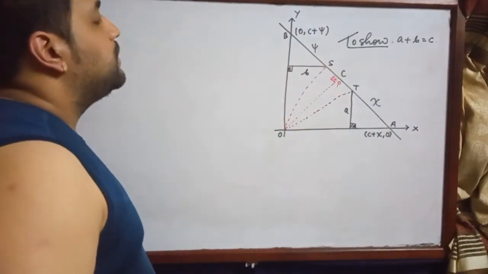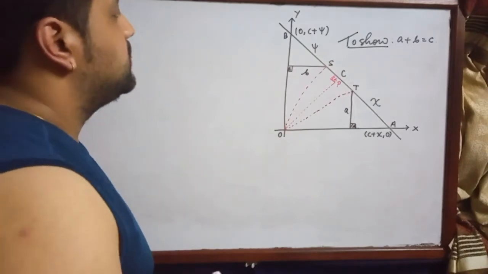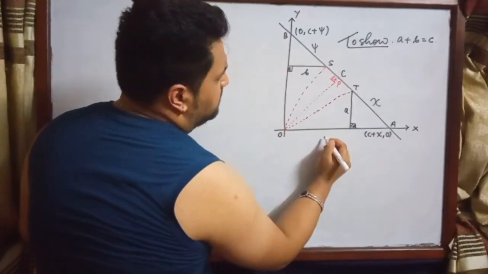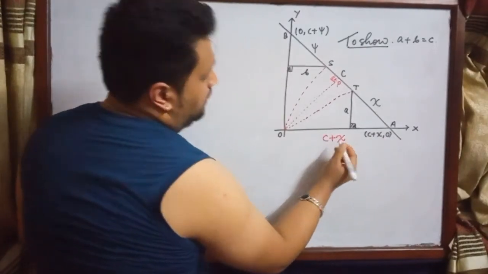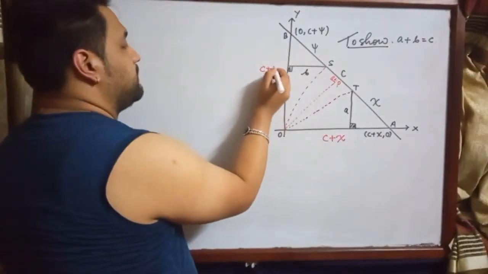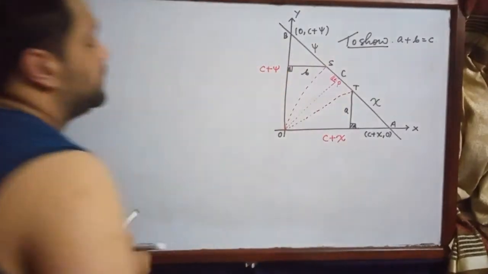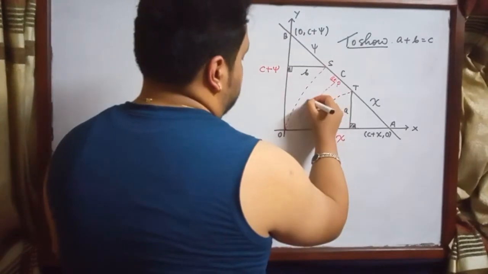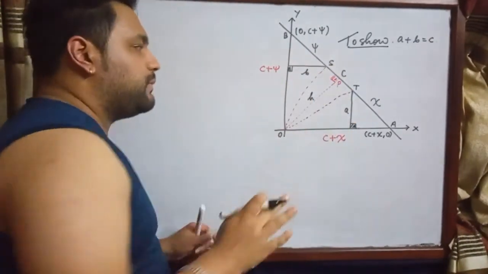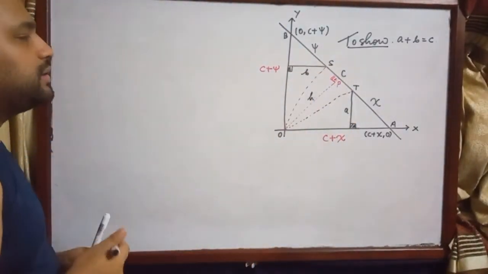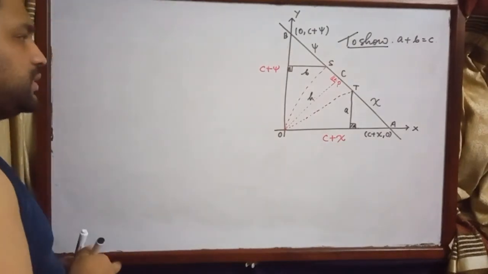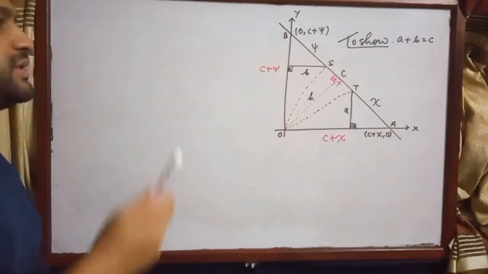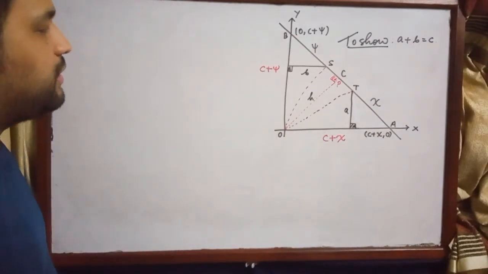First of all, this length is c plus chi, and this length is c plus psi. Now, if we say that OP is equal to h, the notations might be different than in my previous video.